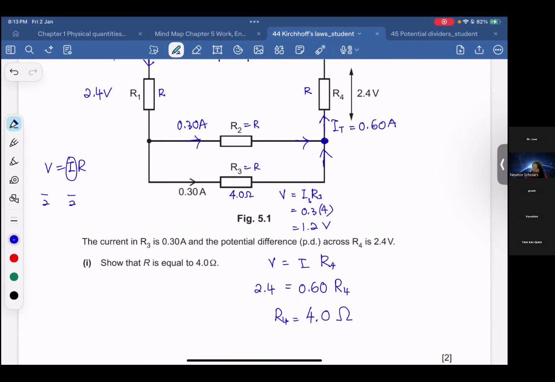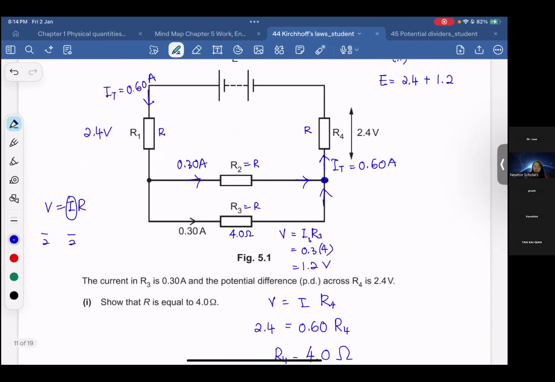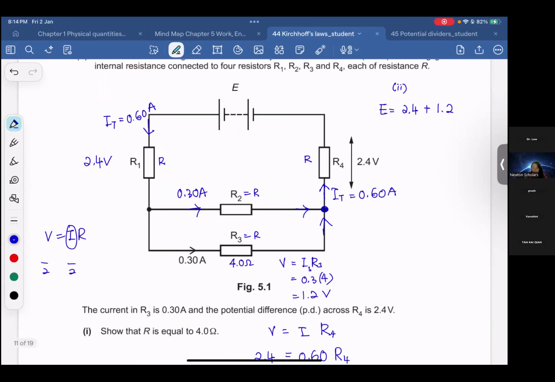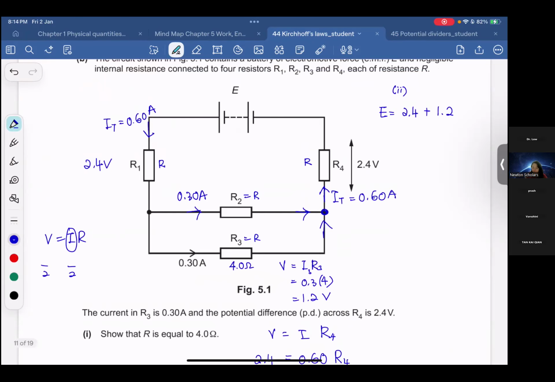Then these two paths are the same, and they are not added up together. For a parallel circuit, voltage doesn't add up. So it's 1.2. Then the last part here is 2.4 plus 1.2 plus 2.4, so the answer is 6.0 volt. This is the answer for the second part. Is that clear?